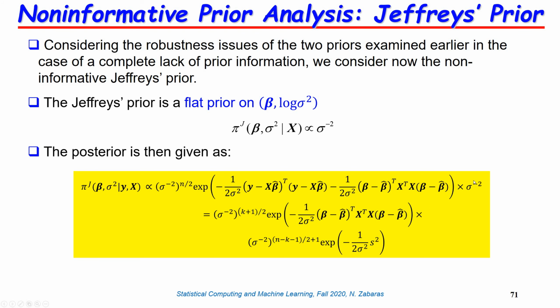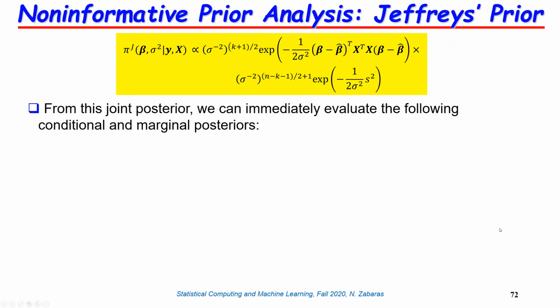And then of course I have my Jeffreys prior, 1 over sigma squared, and if I combine terms, they look like this. Now I am not going to repeat all the ideas and calculations we have done before, but if you look at this joint distribution of beta and sigma squared, you can keep sigma squared constant and derive a distribution of beta given sigma squared.